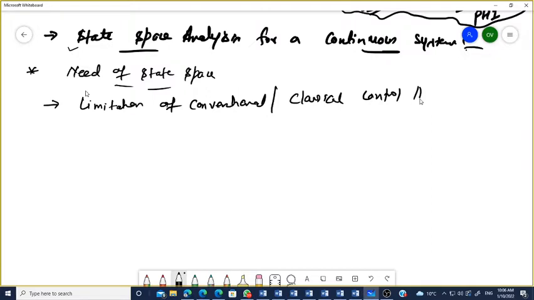If you are able to understand this problem, damn sure you can find out the solution of this problem in the form of the state space, right? So what are the different problems?